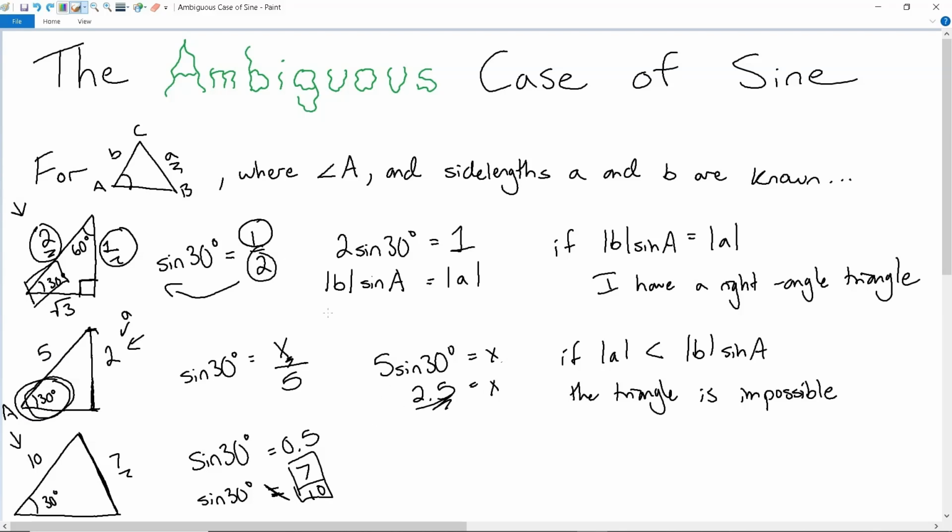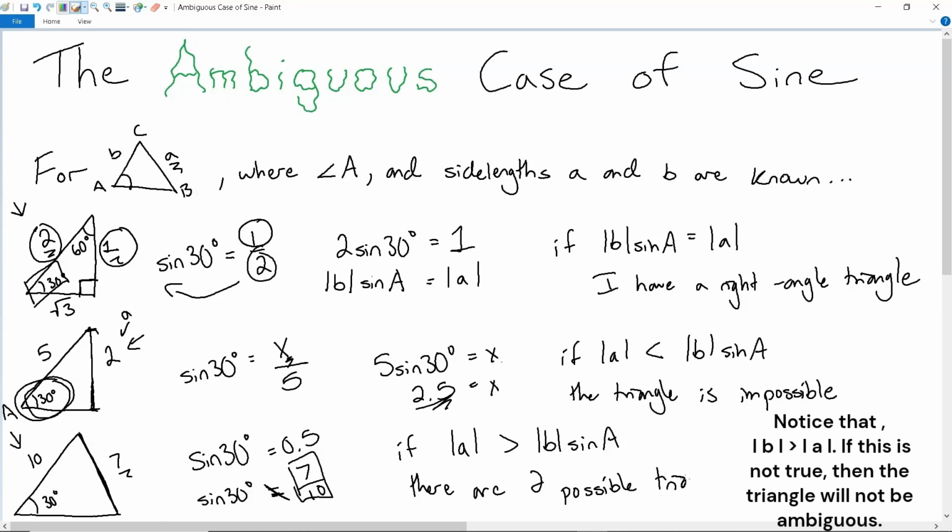And this leads us to our third description, where if the side length a is greater than b sine A, there are two possible triangles. So, okay, we've shown that it's not a right angle triangle, but why does this scenario say that we have two possible triangles?